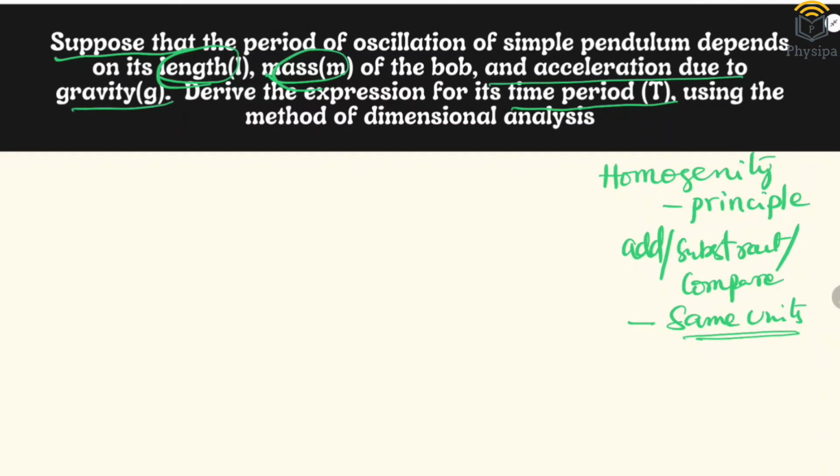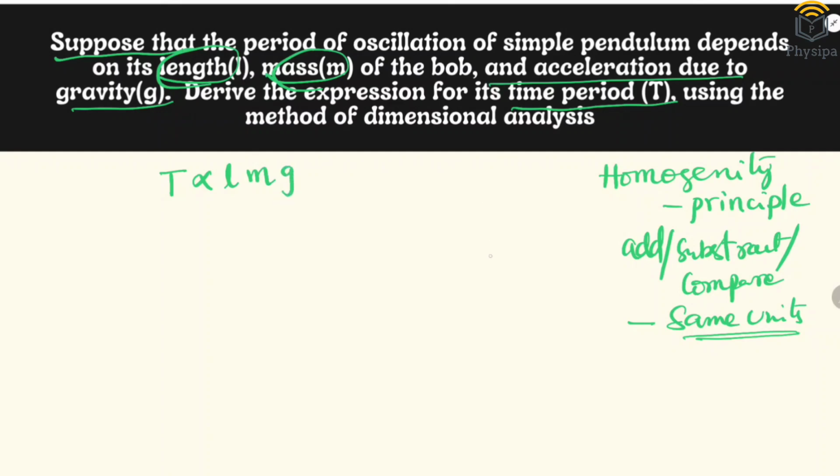Derive the expression for its time period T using the method of dimensional analysis. In the question, it is given that the time period T depends on length. Let us say it depends on length, and it also depends on mass. Finally, it also depends on acceleration due to gravity g.